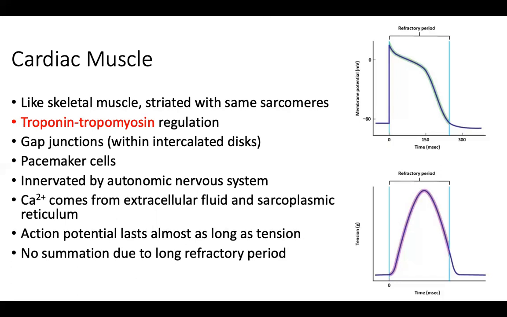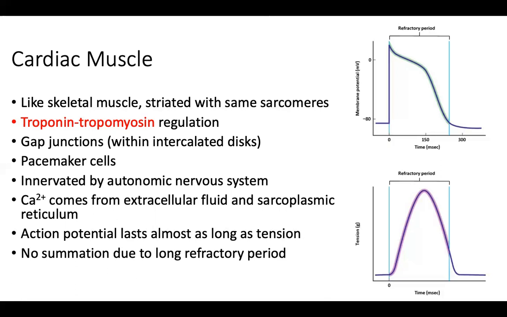Action potentials here last almost as long as the entire tension production. So there is not the ability to sum cardiac muscle contractions, because the action potentials last the entire length of the full contraction. There is no way for another action potential to come in and stimulate another contraction.